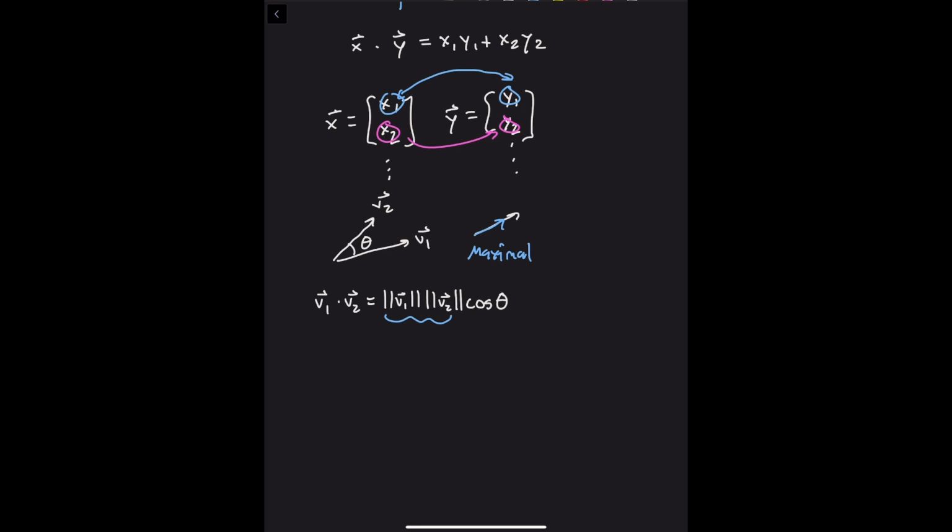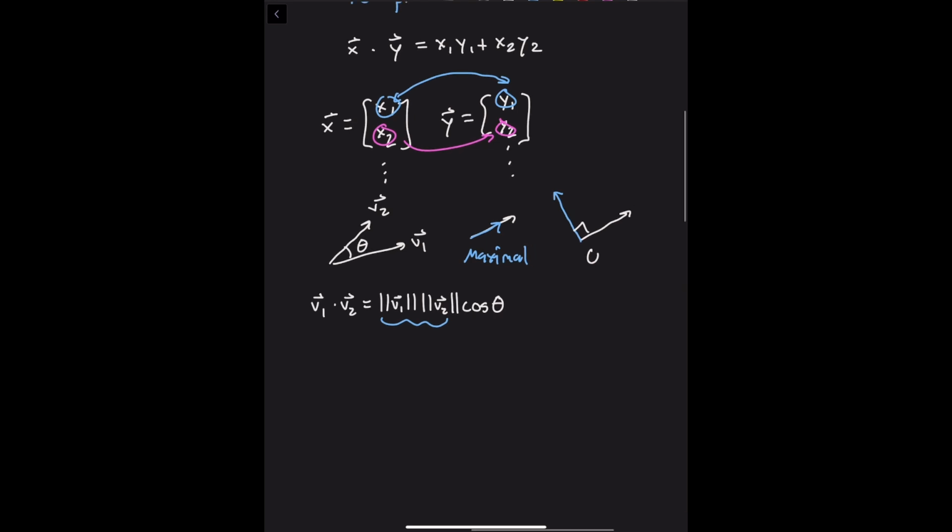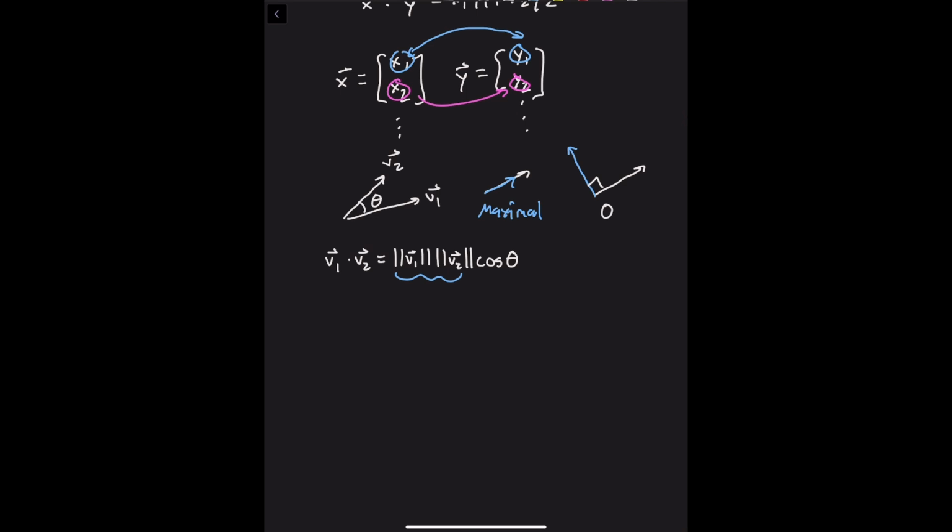If they are in 2 completely different directions, aka they have a 90-degree angle, then their dot product is actually going to be 0. That's because if we plugged in 90 degrees here for cosine, that's actually 0. So when 2 vectors are 90 degrees apart, we call them orthogonal.